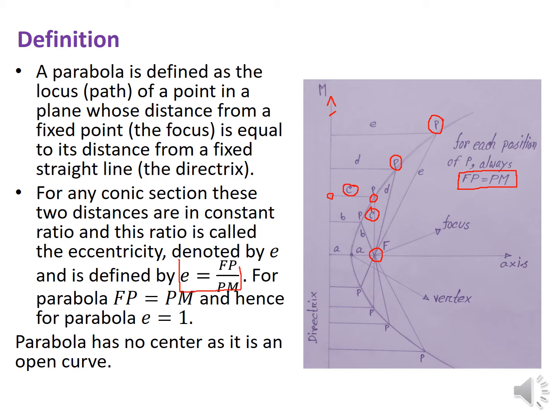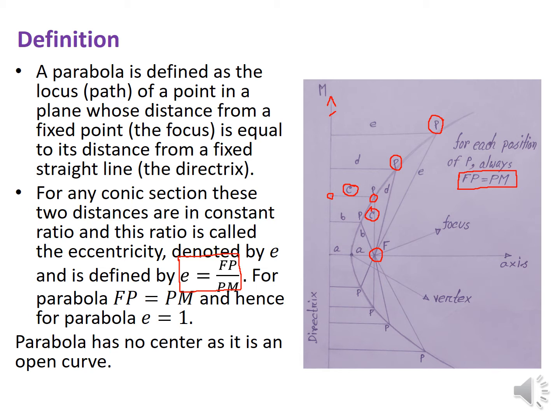So we can write eccentricity e is equal to FP over PM. Now as for a parabola these two distances are equal, so for a parabola the eccentricity will be 1.